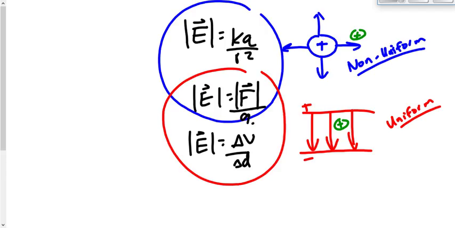Now, sometimes we look at something like this and say, well, okay, that's great, two parallel plates. When do we really have two parallel plates? When do we really, in real life, have this uniform electric field? You could have a charged balloon and the non-uniform field that surrounds that balloon. But when do we have, in real life, a uniform field?